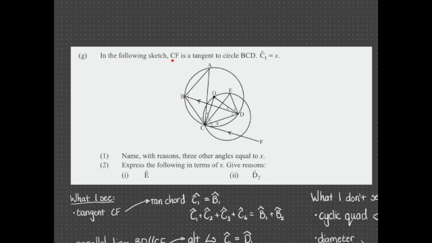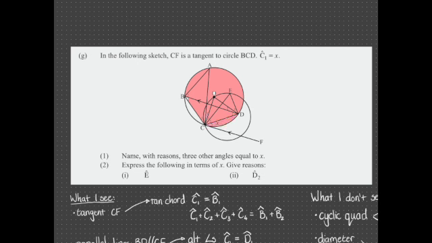In the following sketch, CF is a tangent to the circle BCD, and C1 is equal to x. So the circle BCD is this one over here, and let's be fancy and paint it in, just to make it easier for us to see.